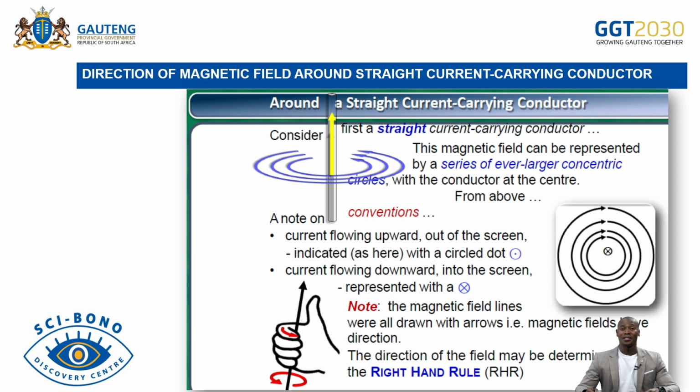What is important here is that when there is current flowing through a conductor, you should know that around that conductor there is a magnetic field. I've already introduced the term magnetic field, which you didn't talk about in grade 10. But what is a magnetic field?